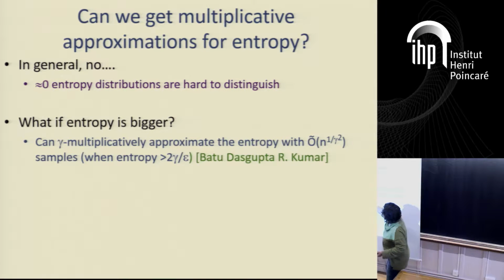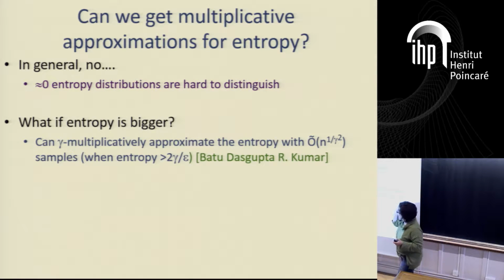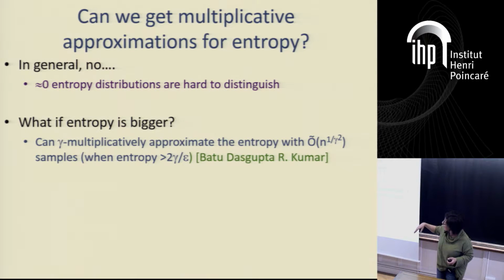Let's say I want to gamma multiplicatively approximate the entropy. Think of gamma as something bigger than 1. It can be 1 plus epsilon, it can be 2. So let's think about it being 2 for a second. So we want to 2 approximate the entropy, and let's assume the entropy is at least 4 over epsilon. Epsilon is just some arbitrary small constant in this case, so don't worry about epsilon.